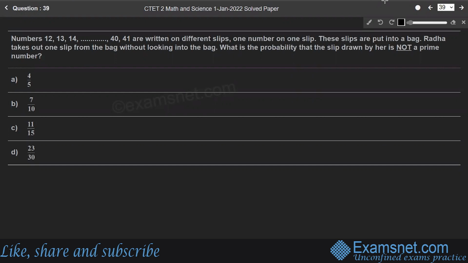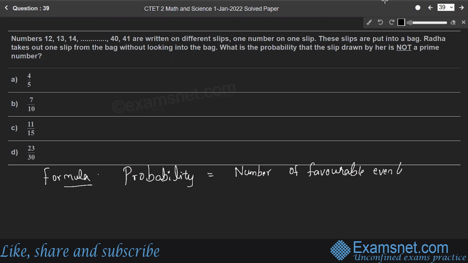Right? So here we are using the formula of probability. Probability is equal to number of favorable events by total number of events. So probability is equal to number of favorable events divided by total number of events.